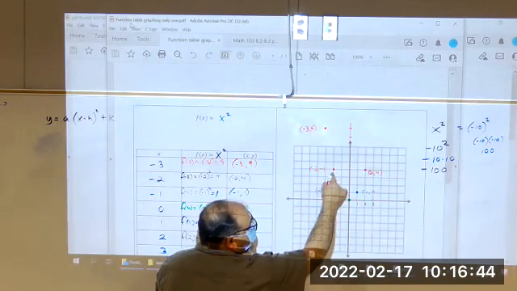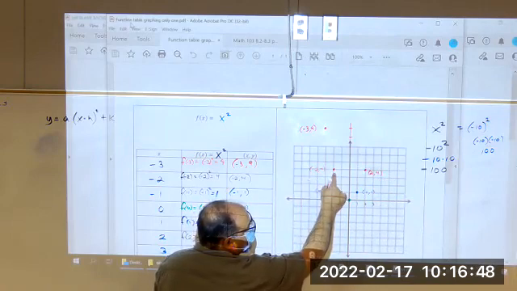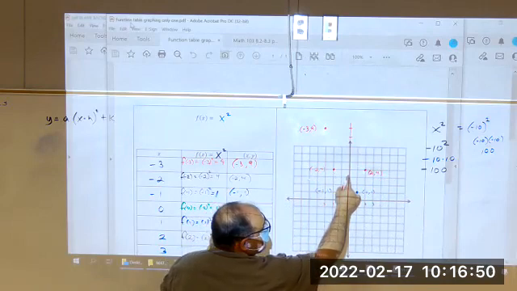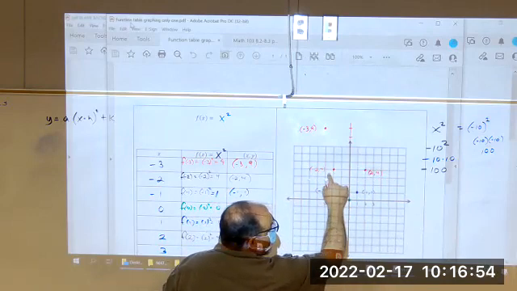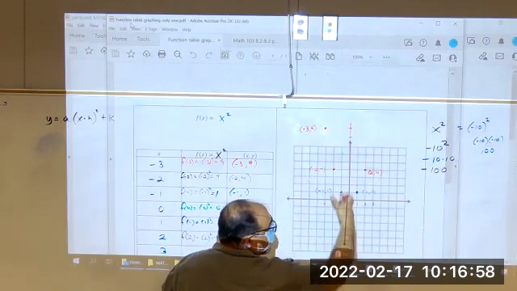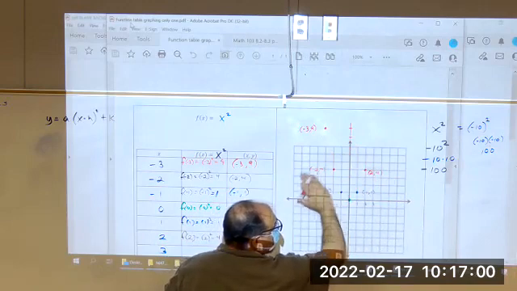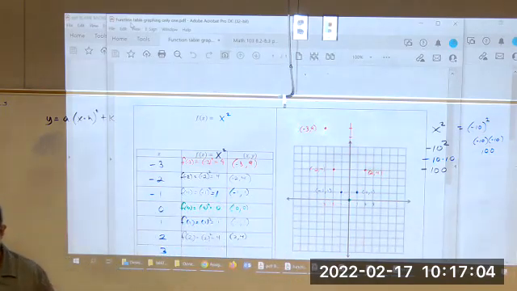Do you see what's on the left-hand side? At -2, we got positive 4. And then directly to the right of 0, positive 2 gave me the same y value. Left and right of 0, you have the same value. That's called symmetry. What's on your left is the same as on your right. You can fold it across the y-axis and they fold up on each other.